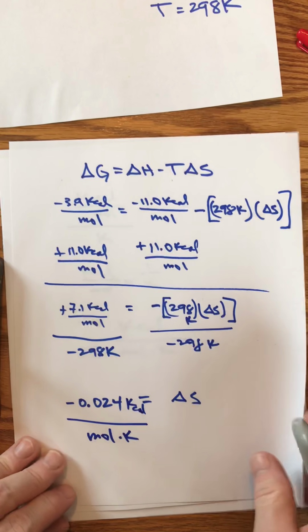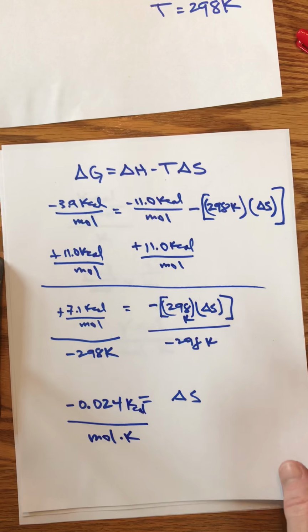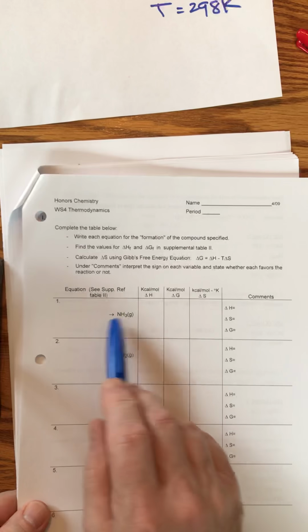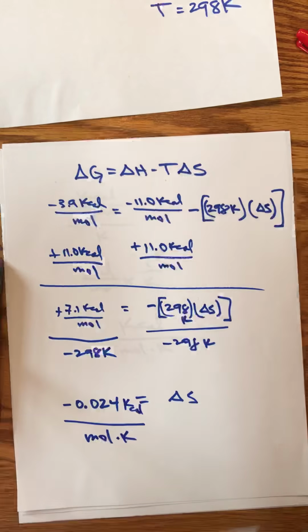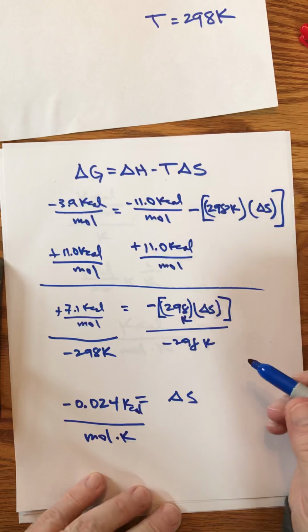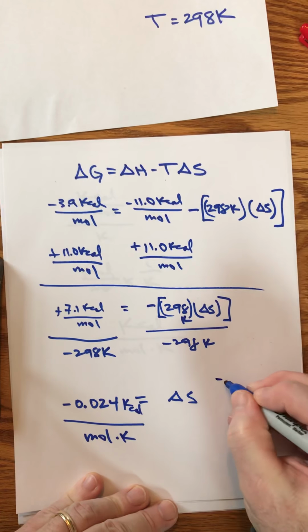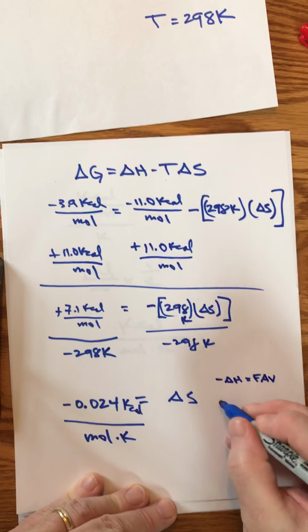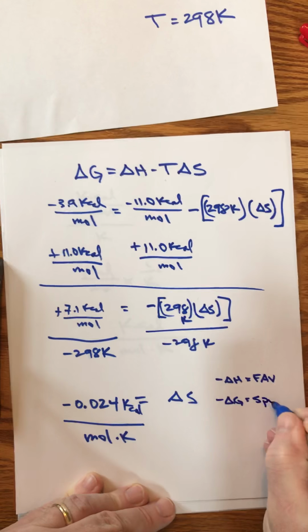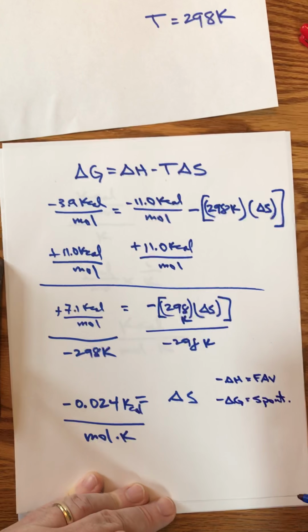Your worksheet's going to ask about these comments, so you're going to write your equation, list out the values, and what about the comments? Well, let's go back and review. We had a negative delta H. That's favorable. We had a negative delta G. That means this is a spontaneous reaction.